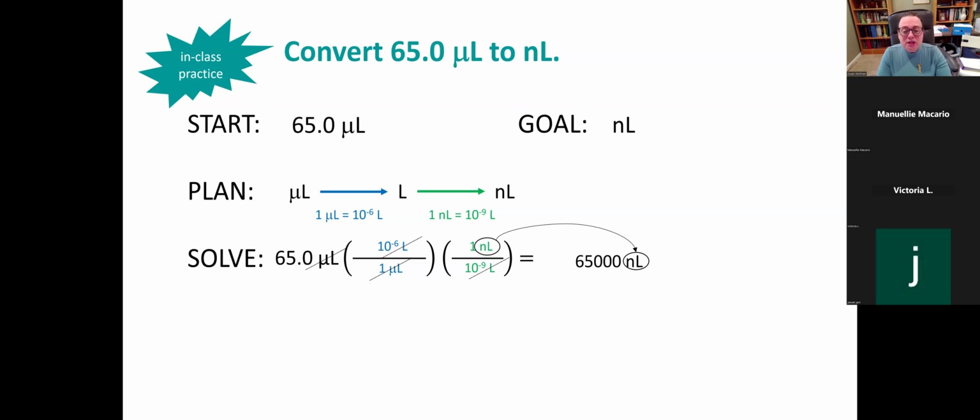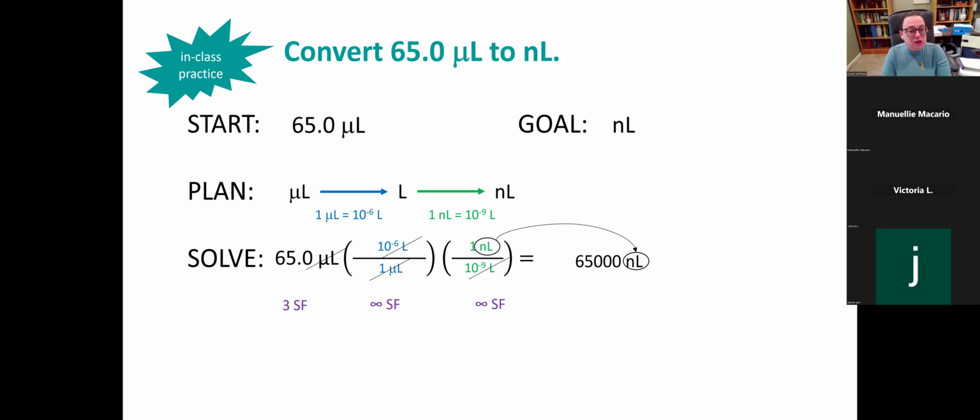Now an easier question, I hope. How about the nanoliter to liter conversion? How many significant figures are in that one? Good. For the same reason, it's also infinite significant figures in that last one.